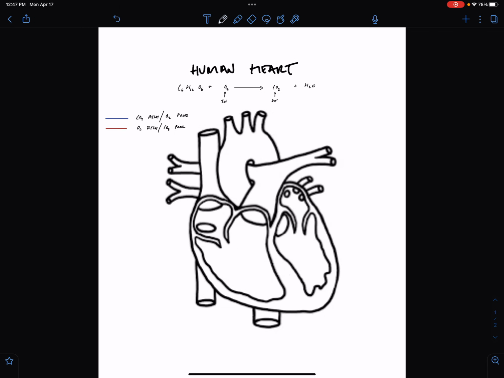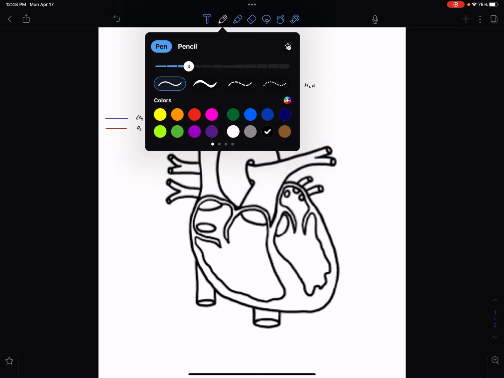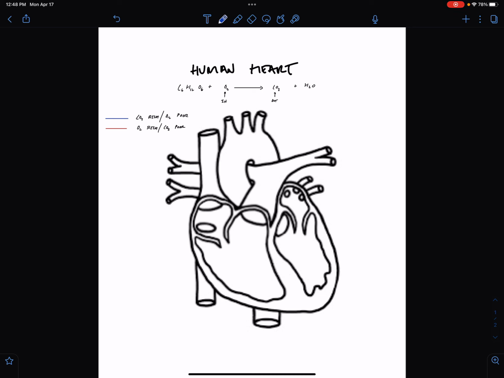The heart is connected in a couple big loops to your lungs and then the rest of your body. So we could start anywhere and trace our way back to our starting point, but we're going to start with a somewhat logical position of the heart.